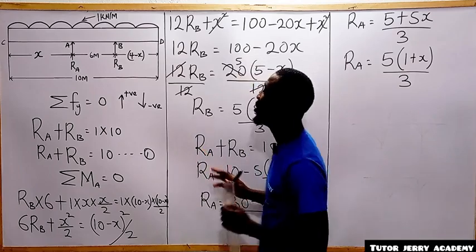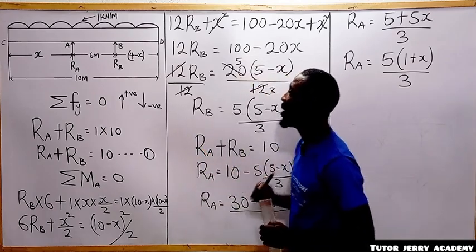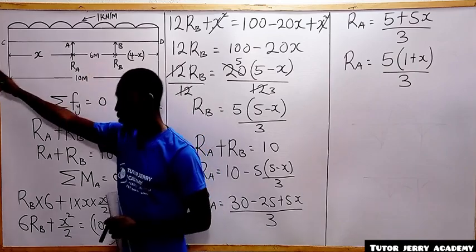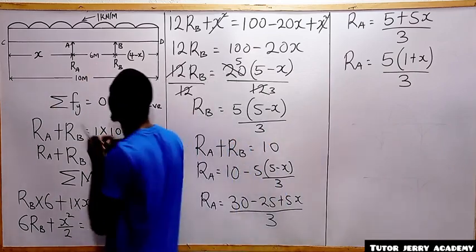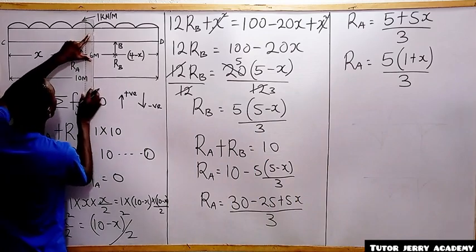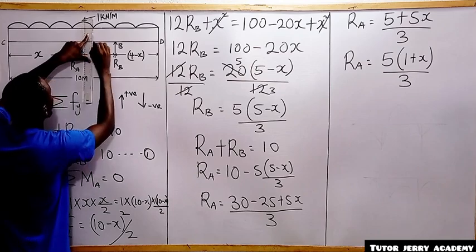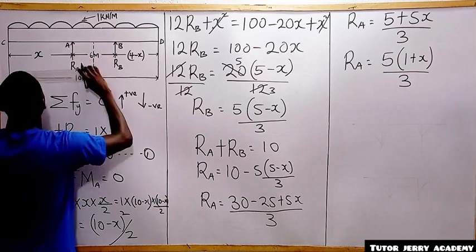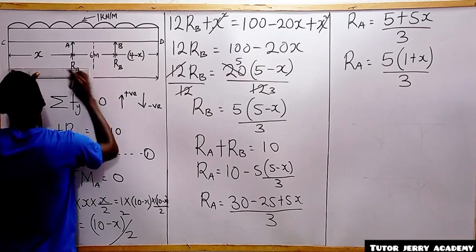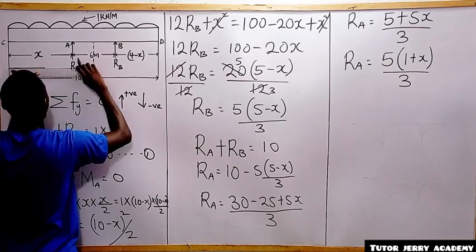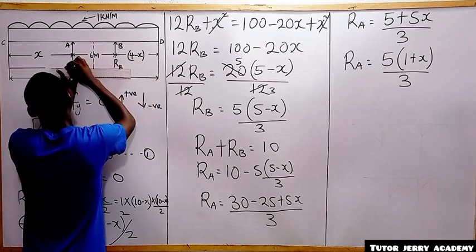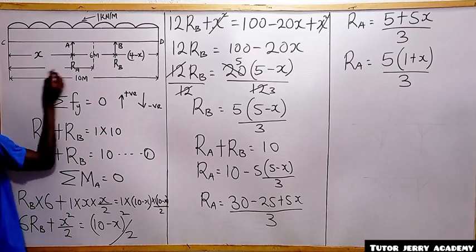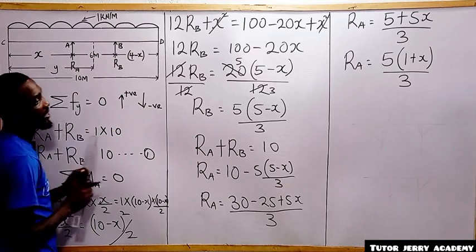So for us to continue with this calculation, we are going to be taking a distance from the center of this beam to point C. Let's call it distance Y.